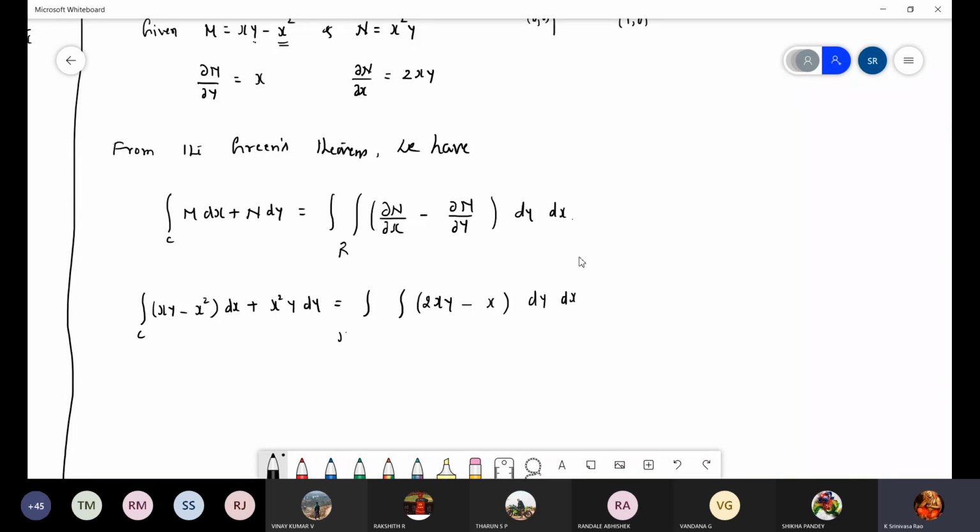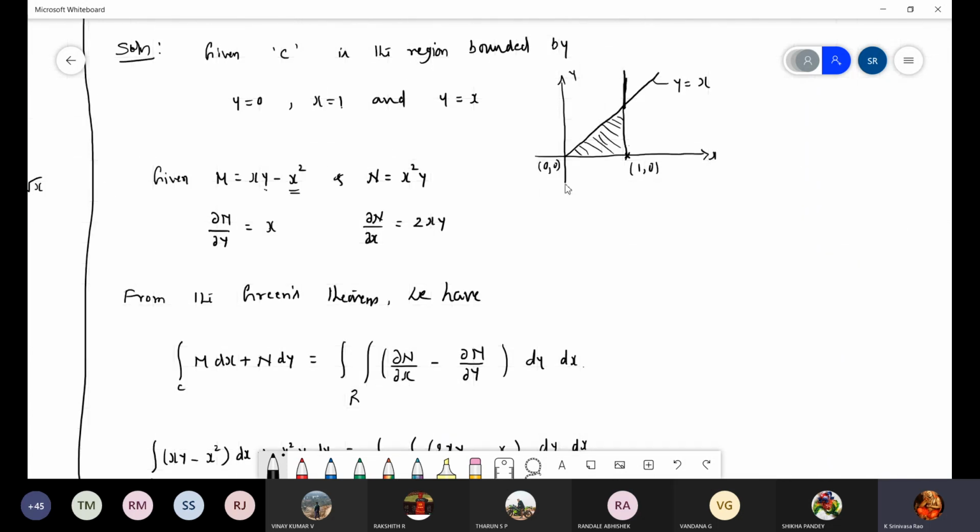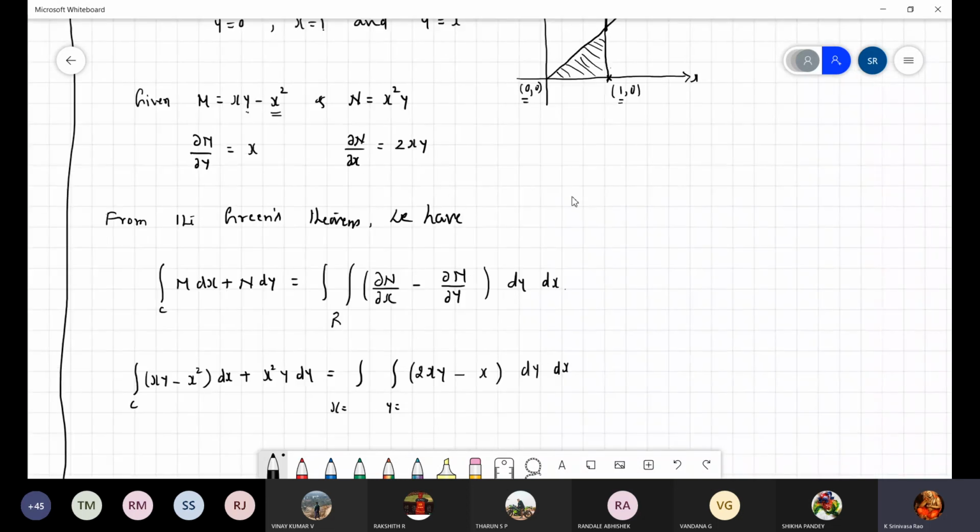So I have to integrate this with respect to y and with respect to x. Now x is the outer integral and y is the inner integral. Can you tell what the limit of x is in the diagram? Clearly x varies from 0 to 1.